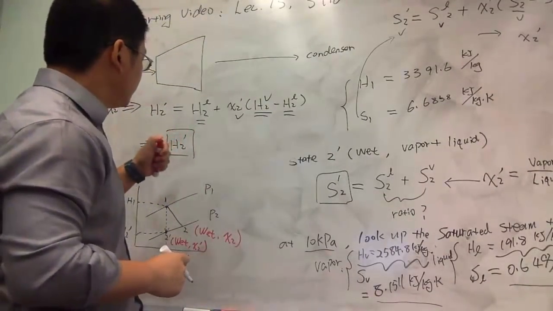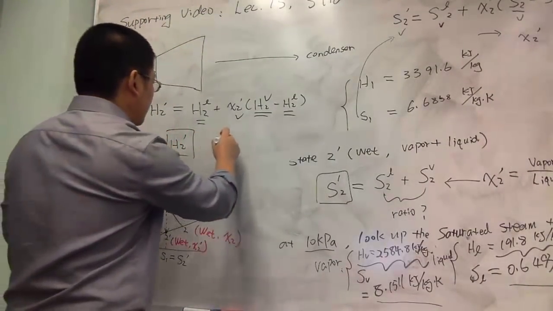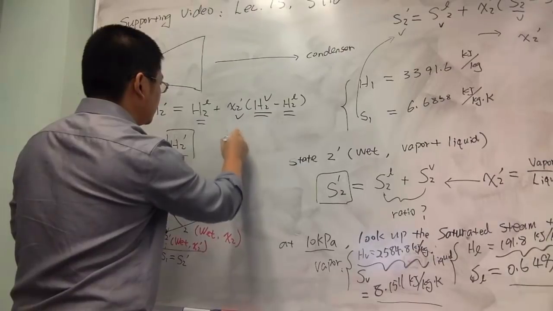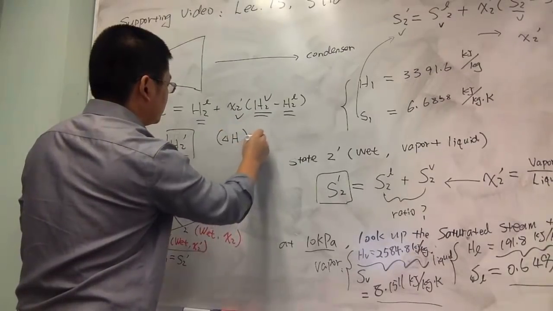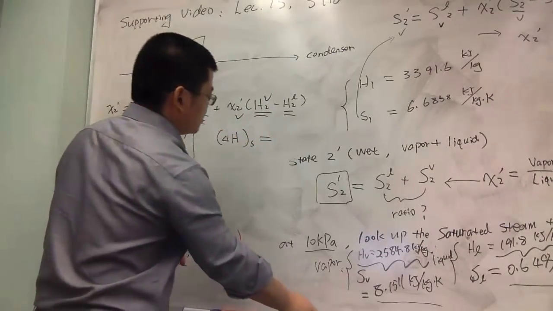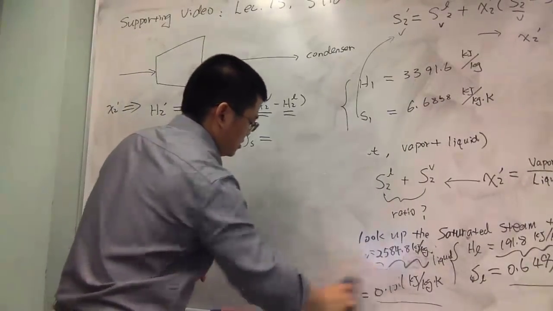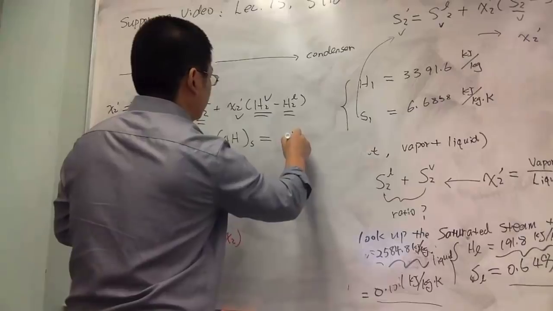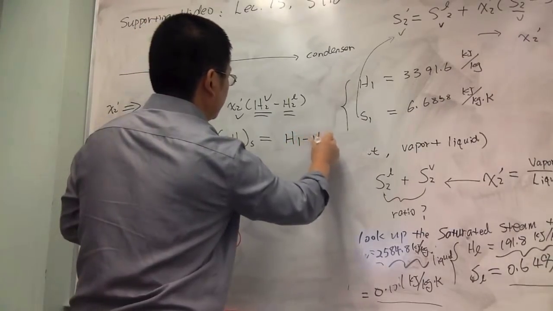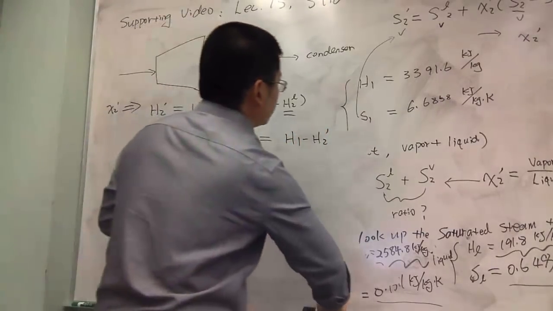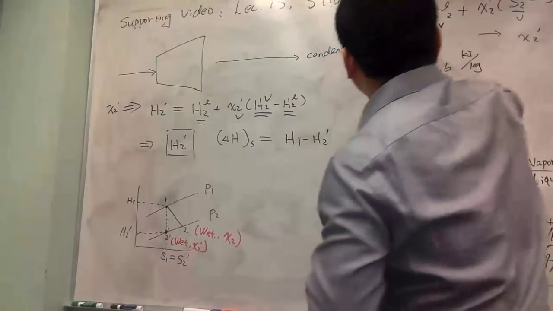By knowing h2 prime, then I can calculate this delta H along the isentropic process. The absolute numerical value is H1 minus H2 prime. Okay. Now I have this also solved.